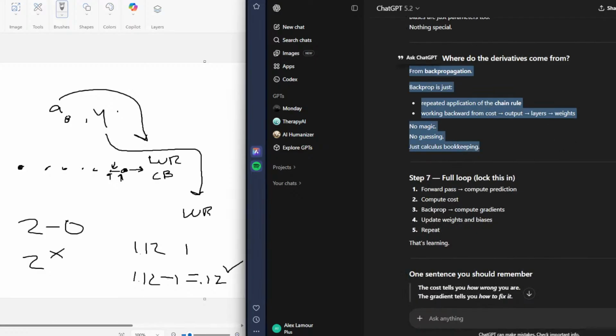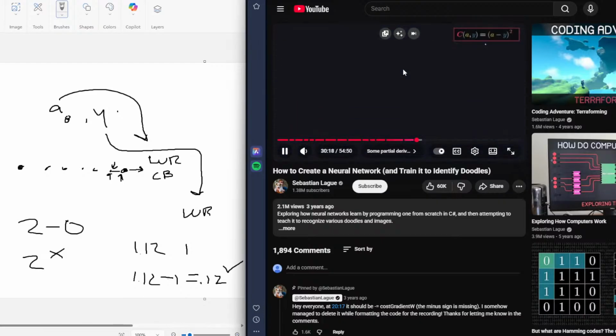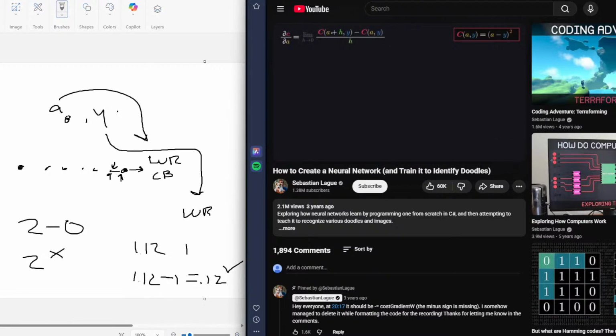Backpropagation, we're not there yet, so let's keep going. The same way for a multivariable function like this one, over here we're looking at how the cost changes in response to a tiny change to this output activation value, and we're then dividing by the size of that change. Like before, let's write this out in full and expand everything, which is pretty tedious, but we then get to cancel a bunch of stuff out, which is always satisfying.